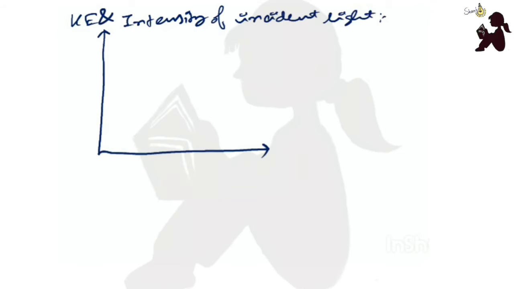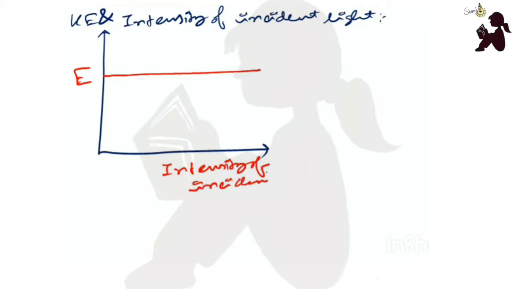Our kinetic energy is independent of intensity of incident light, so it will be a straight line. So here two graphs are done.